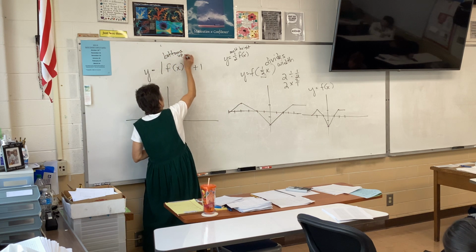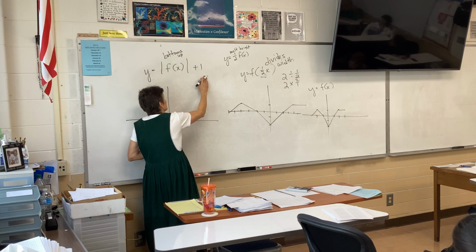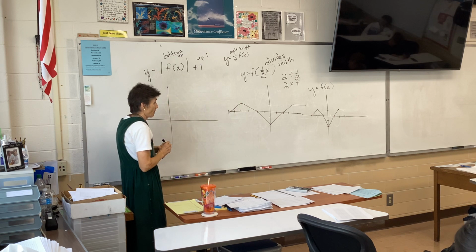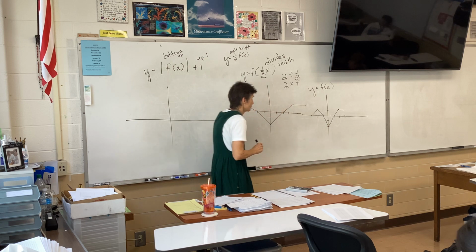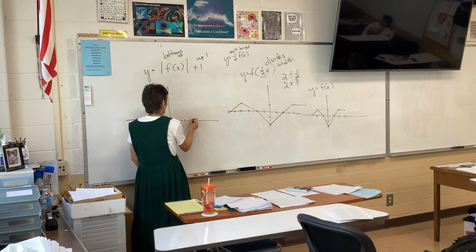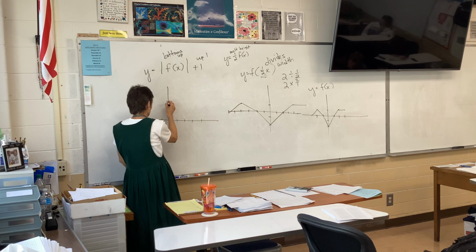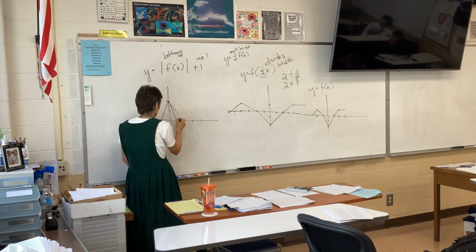What is tacking a +1 on the end do? And go back to the original picture. Everything on the bottom is going to come up. Everything on the top is staying up.